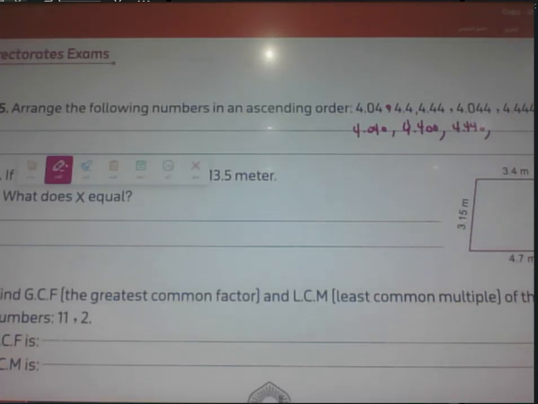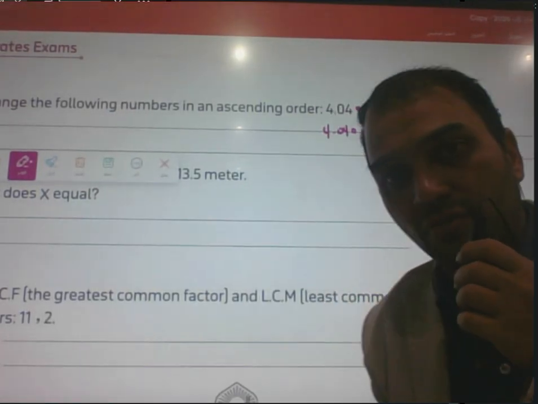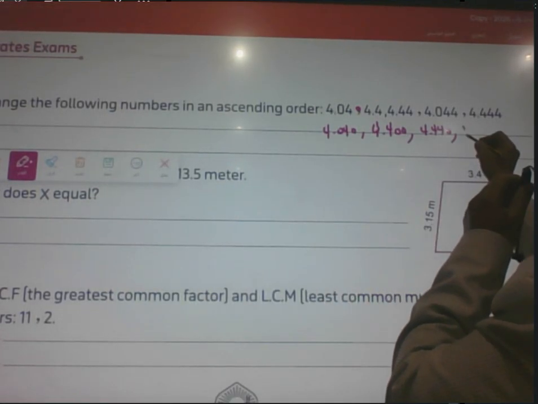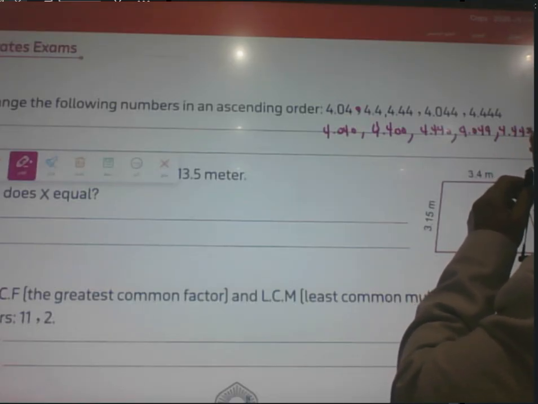I will make the decimal parts equivalent first, then arrange the numbers.